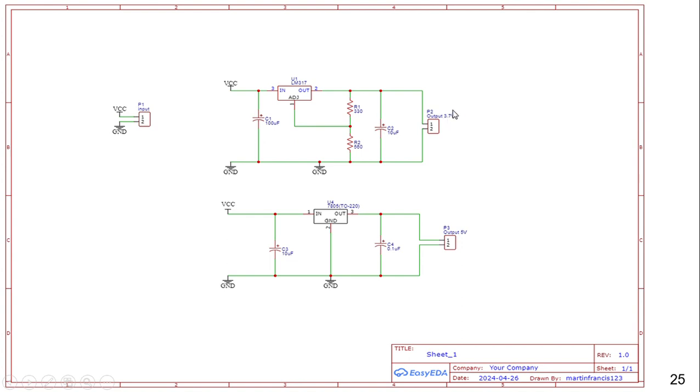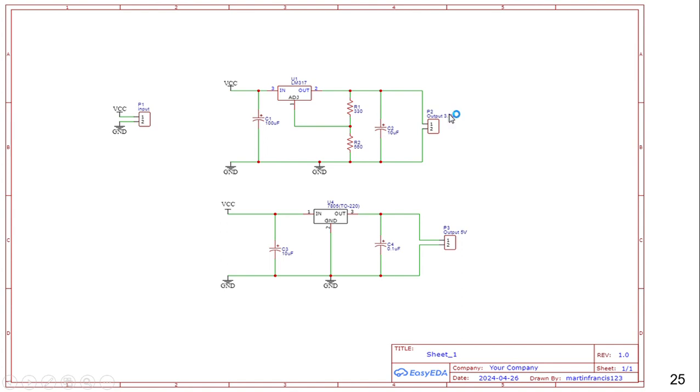For the LM317 circuit, we have used two resistors, 330 ohm and 560 ohm, connected to the appropriate pins in such a way that the 12 volt coming into it can be regulated, and it gives us a 3.3 volt output.